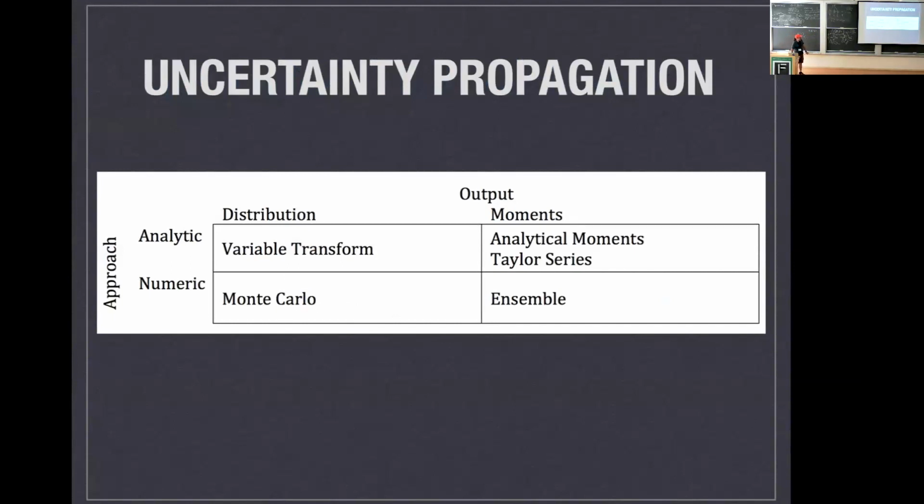In terms of how we actually do this the majority of the time in forecasts, we do end up using numerical methods, and we rely on what are either called ensemble methods or Monte Carlo methods. And the distinction between ensemble methods and Monte Carlo methods is kind of a murky one in the literature.